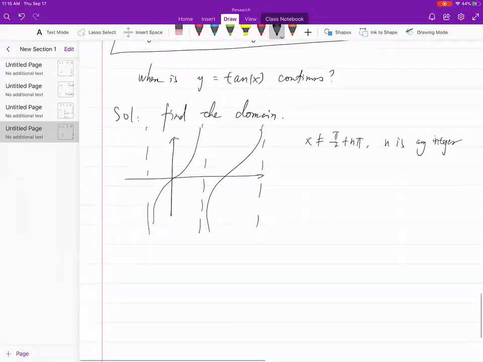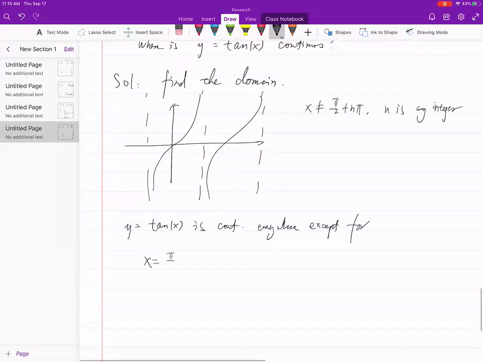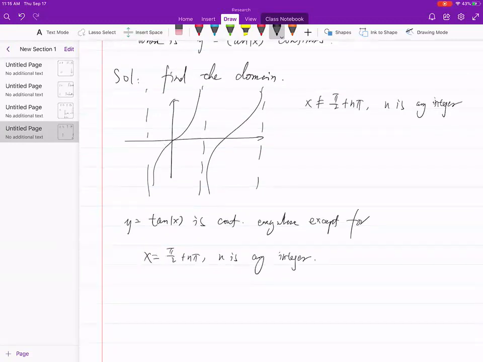Therefore, y equals tangent x is continuous everywhere except for x equals this. Sounds good? Okay. So to find the interval of continuity, you just need to find the domain. That's it.